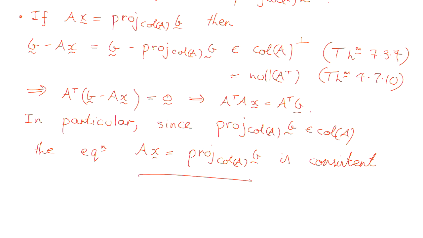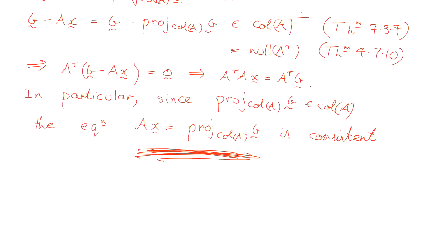So there do exist solutions to that equation, and we've just shown that if you're a solution to that equation, you're a solution to the normal equations. Therefore, there do exist solutions to the normal equations, right? Just go find some solution of this. Such a thing has to exist. It is a solution of the normal equations. All right, so the normal equations are consistent.